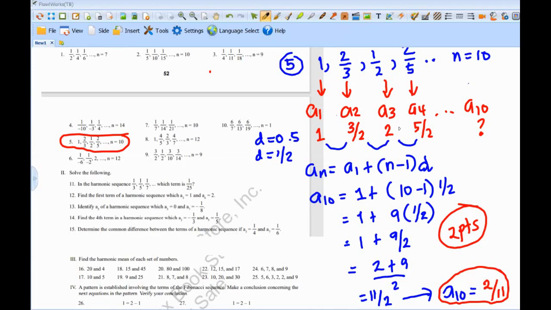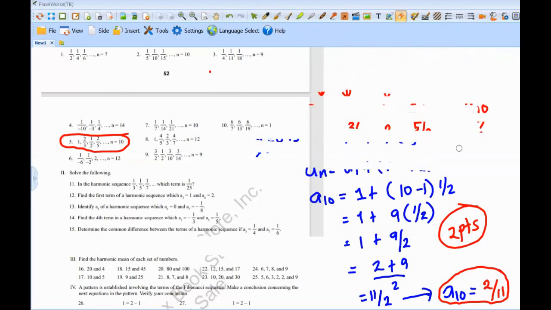Number 10. What about number 10? What is the answer on number 10? Is that n is equal to 1? JL, will you give me the answer on number 10?